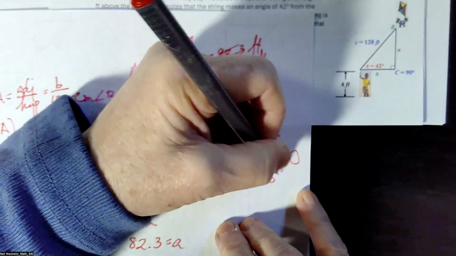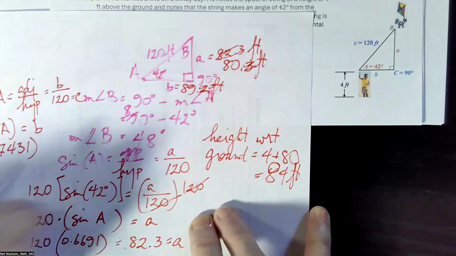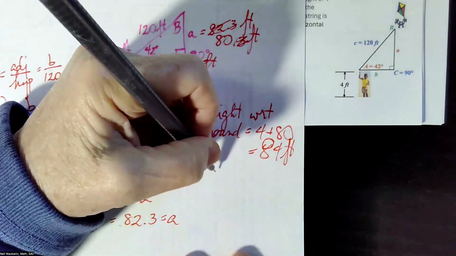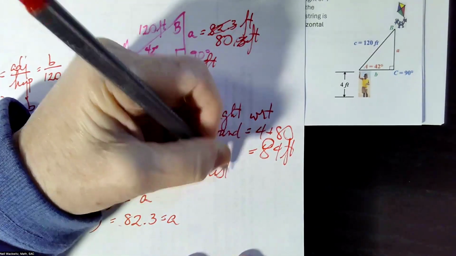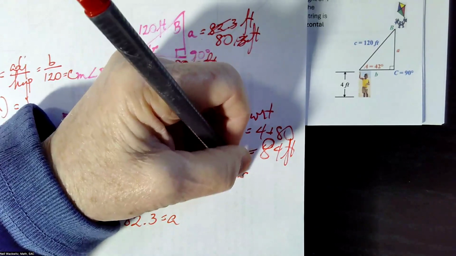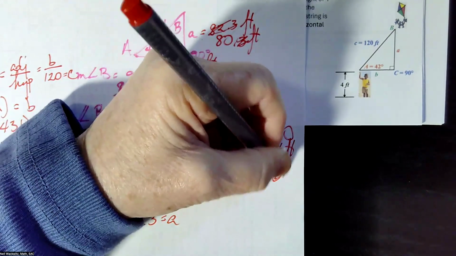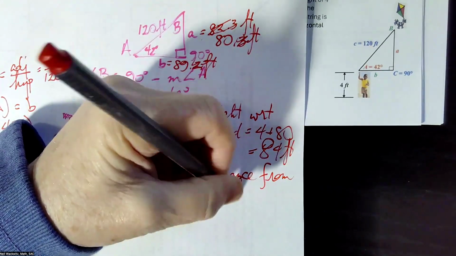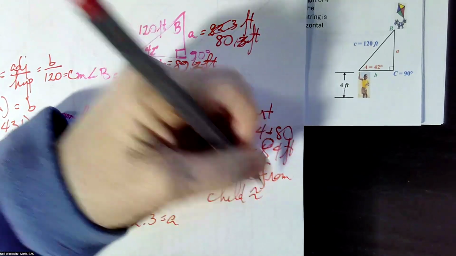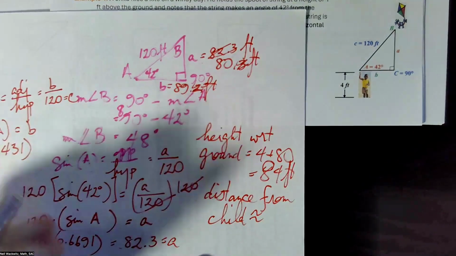So 84 feet. And the distance from the child is approximately 89.